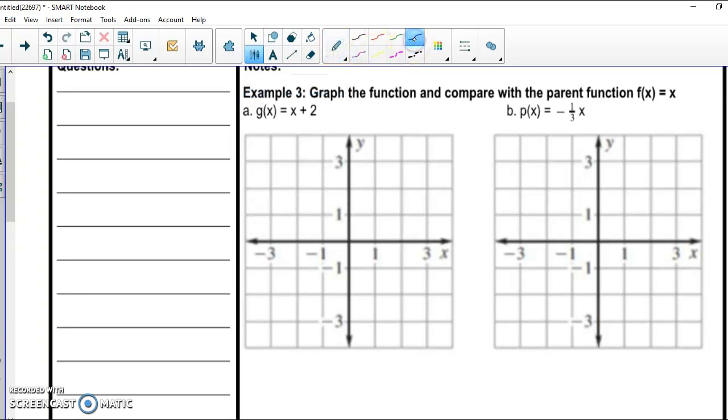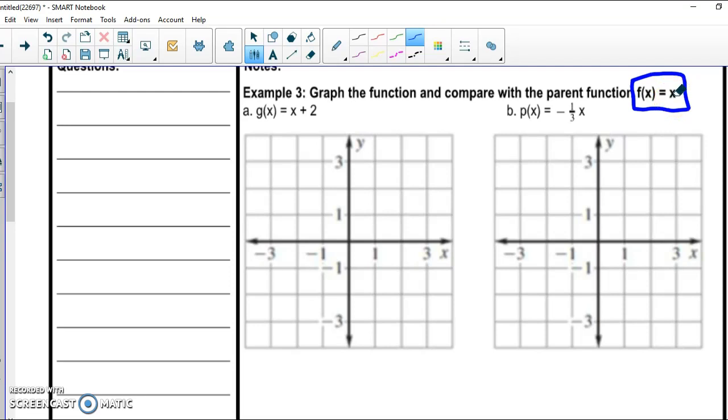Get my pen tool going here again. Okay, so my parent function is f of x equals x. So what that means is that any number I substitute into the equation for x is essentially also going to be my y value.